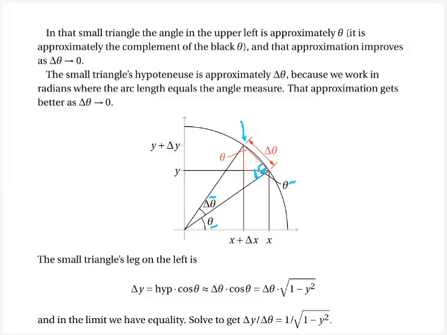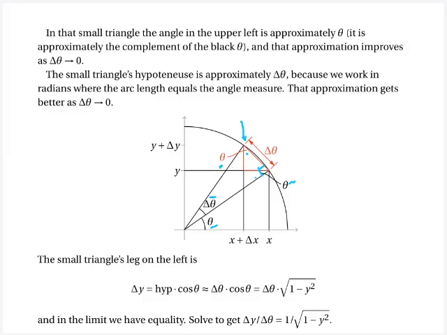So this angle down here is very close to being the complement of this angle here, and of course, the complement of this angle here is this angle here. So I find myself with what's in red as being very close to theta. The approximation improves as delta theta goes to 0, because that becomes more and more like a 90-degree angle.